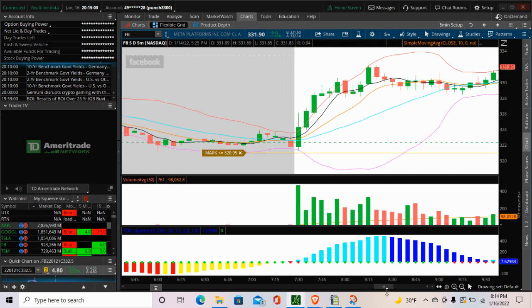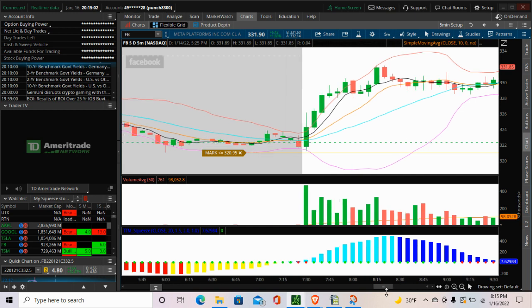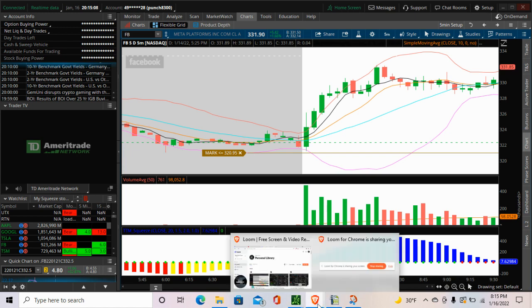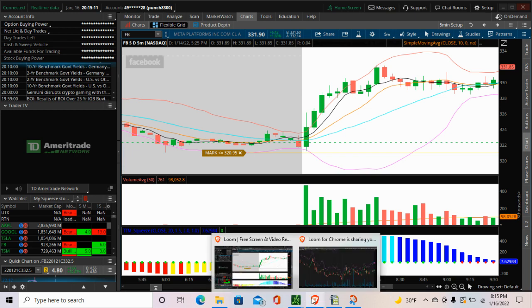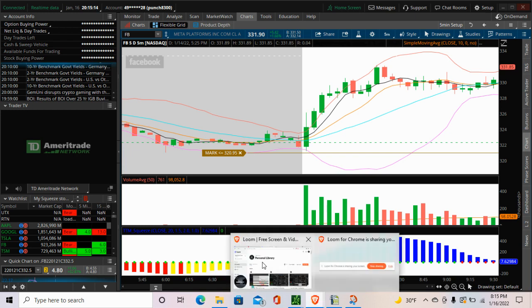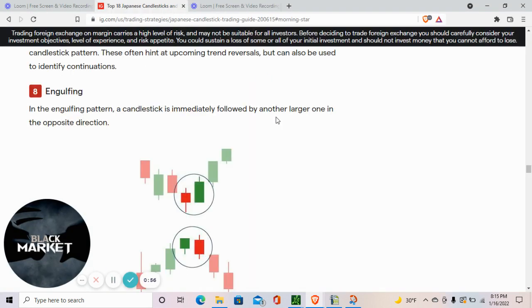So if you look here, this is what's called a bullish engulfing pattern. So if we go to the internet and show you what an engulfing pattern is, you can see here in an engulfing pattern, a candlestick is immediately followed by another larger one in the opposite direction.